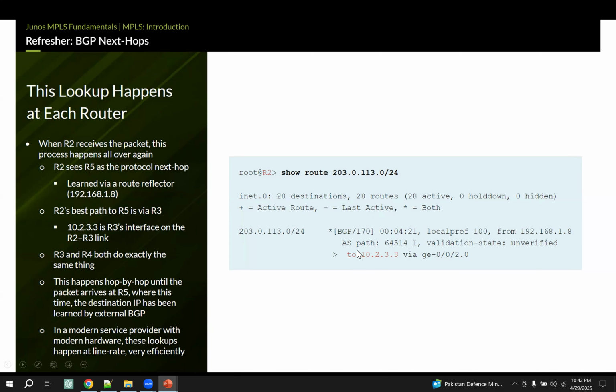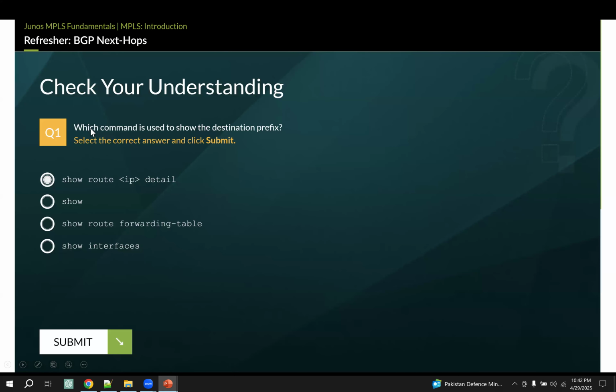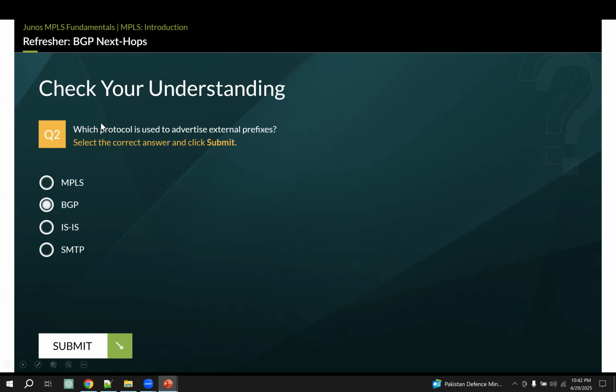We know it better. So just for tracing, in the question and answer section, which command is used to show the destination prefix? Show route, then we set the destination prefix. Which protocol is used to advertise external prefixes? BGP.